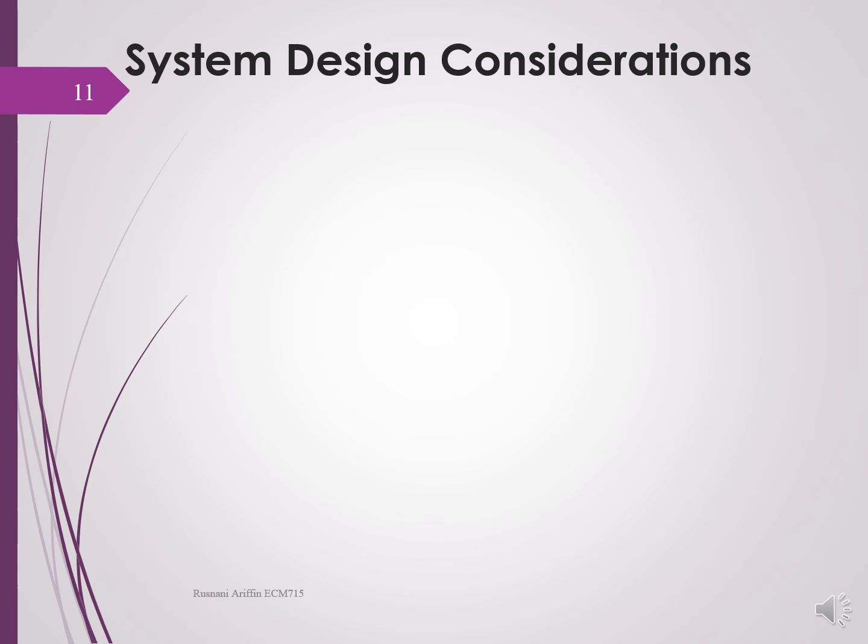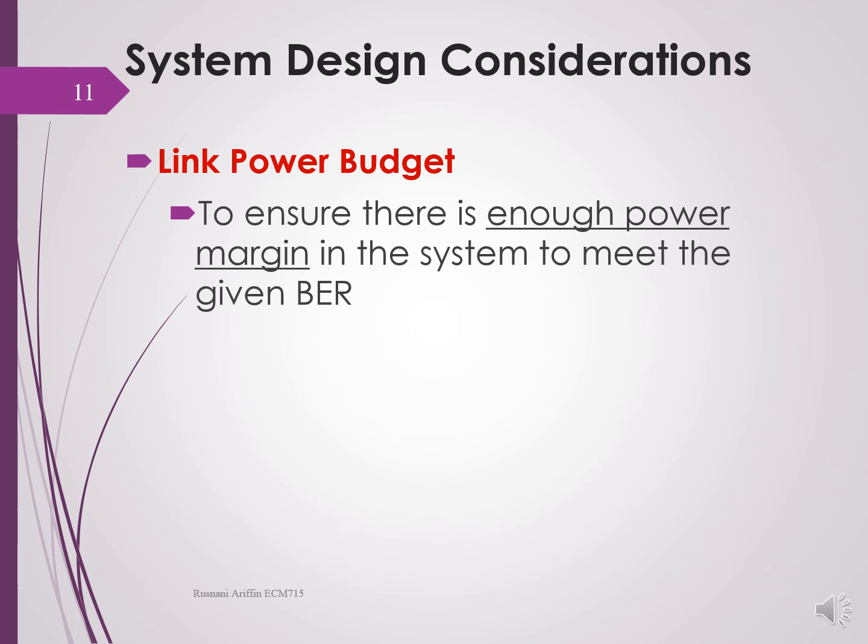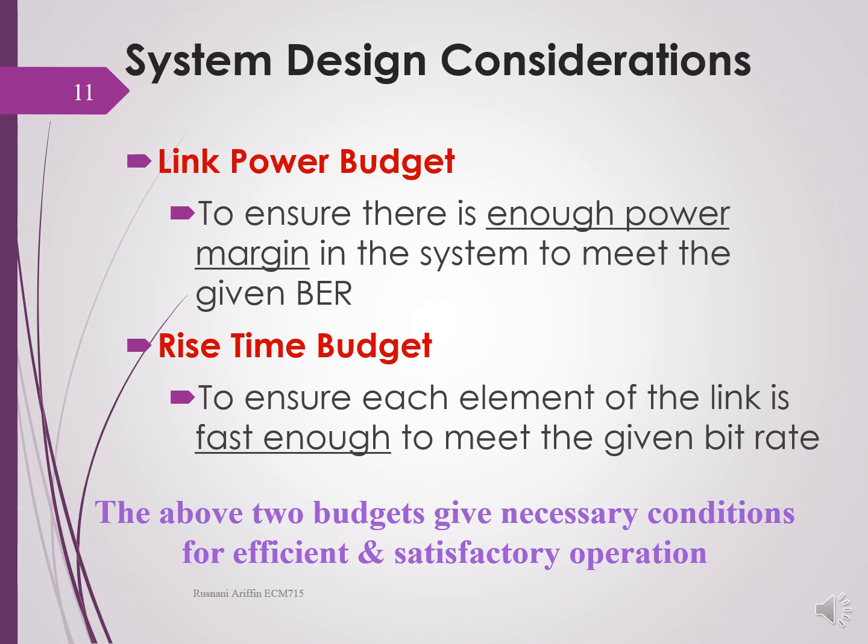Let us look at system design considerations. Basically, you should consider two types of budget in your design: the link power budget and the rise time budget. Why do we need a link power budget? It is needed to ensure that there is enough power margin in the system to meet the given bit error rate.